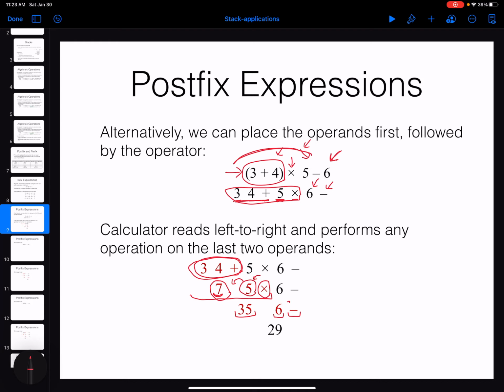The previous 2 are 6 and 35, right? Subtract 6 from 35. So be careful here, the order is important. This one is the left operand and this one is the right operand. So 35 minus 6, the result is going to be 29.